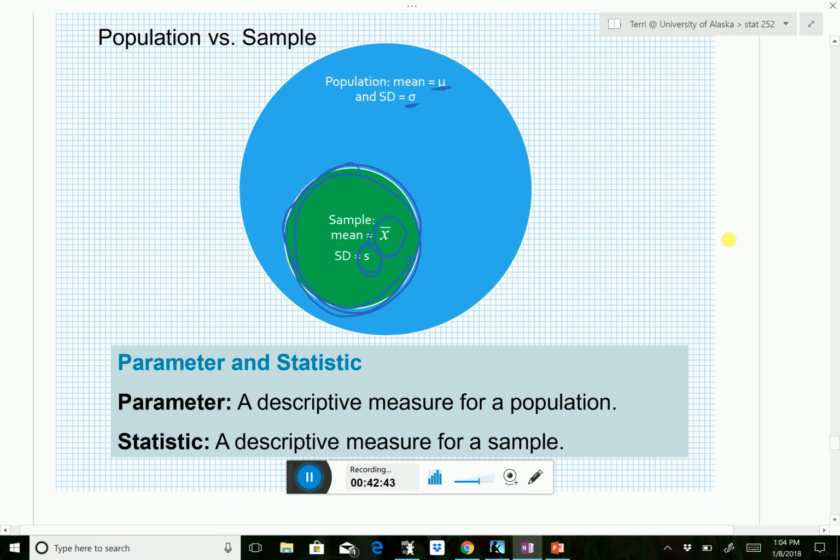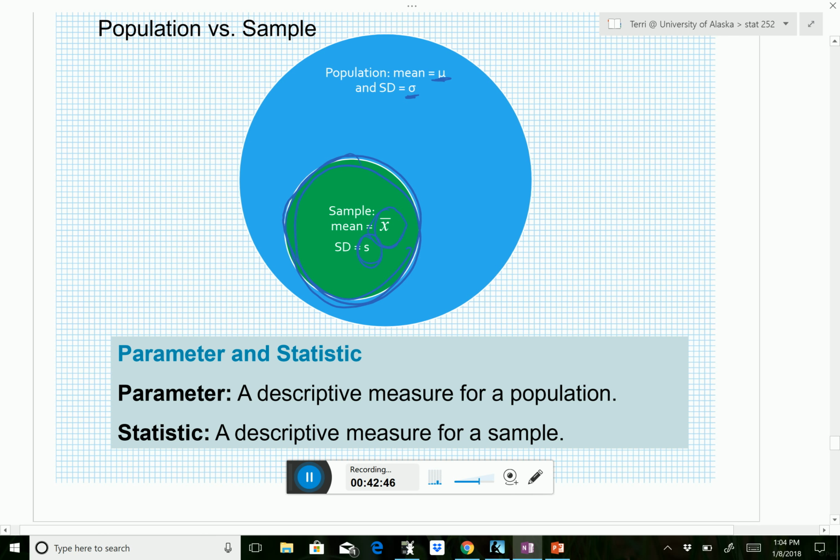Now, I want to tell you a couple definitions. A parameter is a descriptive measure for a population. So mu and sigma are parameters. A statistic is x bar and S, or S of x, doesn't matter. We can also call these mu of x and sigma x if we have a y or whatever.